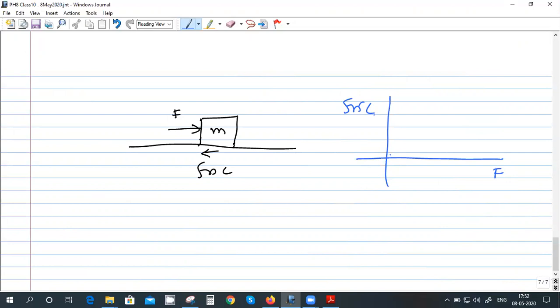See, when the applied force is small, it will be at rest, right? Yes, sir. So when it is at rest, both the forces should be balanced. F equal to friction, when it's not moving.